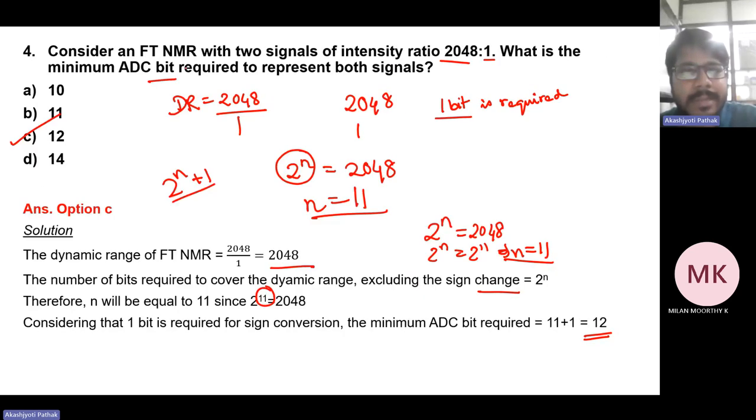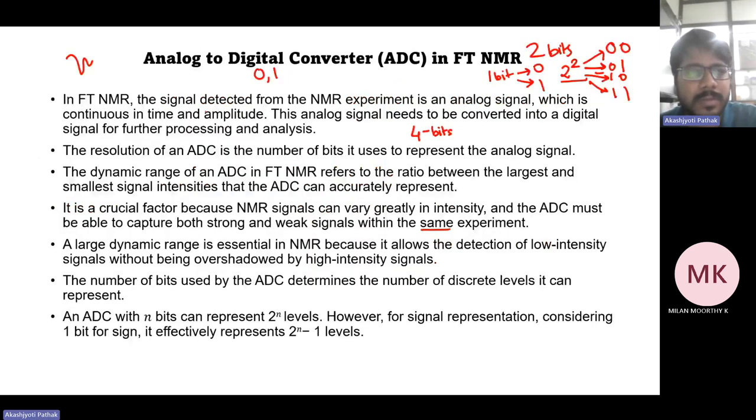So what we had discussed here also, that the ADC must be able to capture both the strong and weak signals within the same experiment. So if the dynamic range is not large, then the signals which are having weak intensity will get shadowed, or they will be suppressed by the signals which are having high intensities.